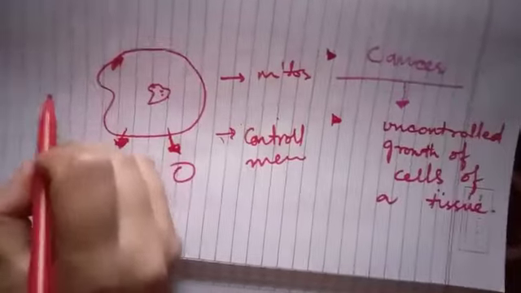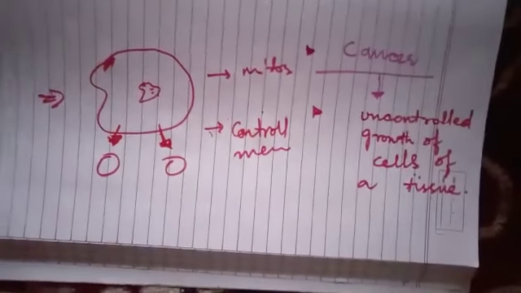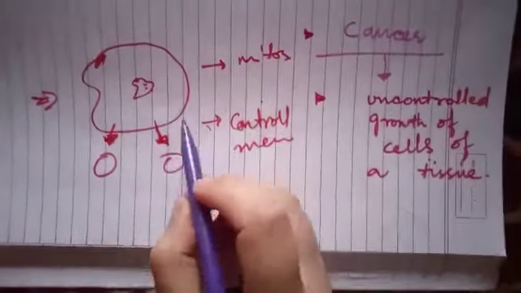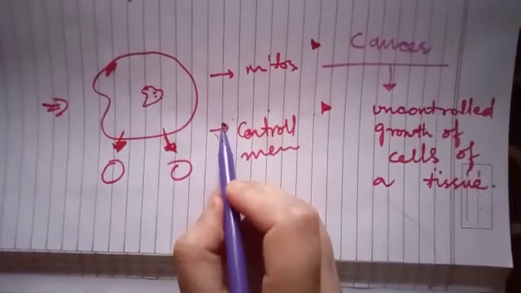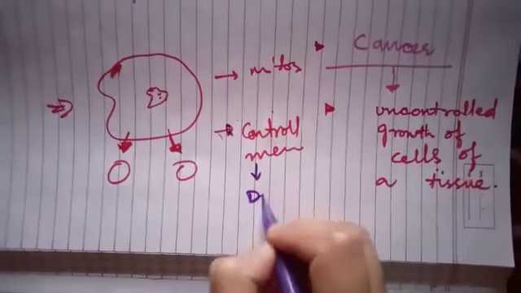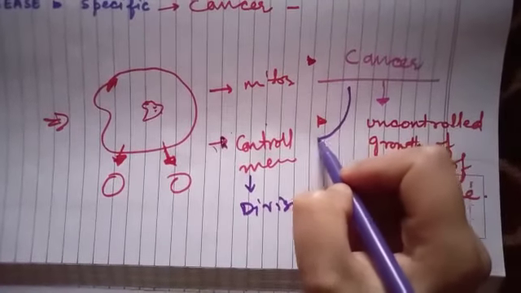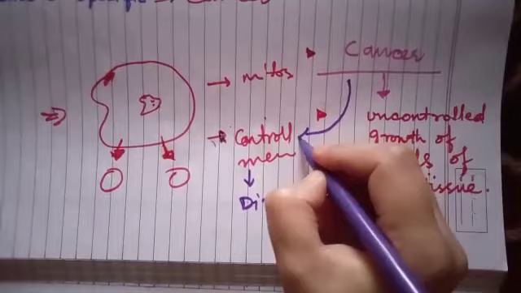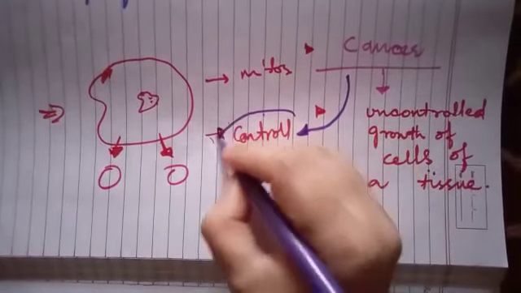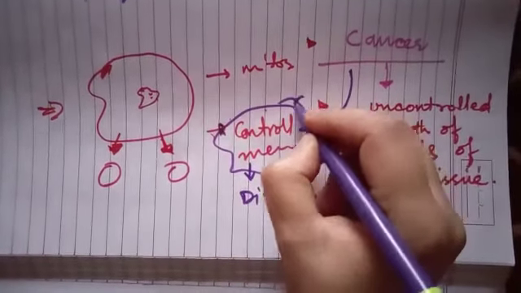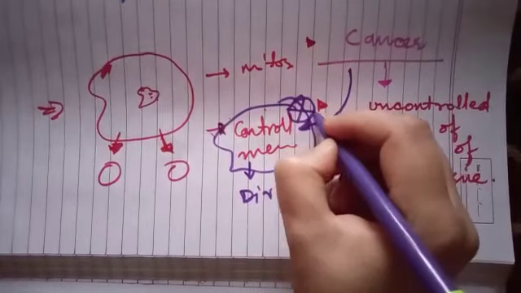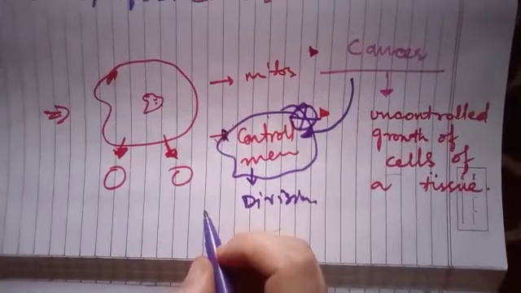Every cell in our body has a control mechanism which controls its division. What happens in cancer? Cancer corrupts this control mechanism of our cells.